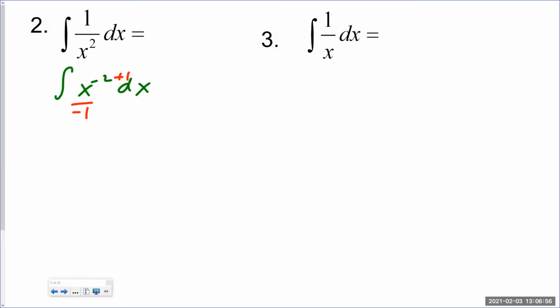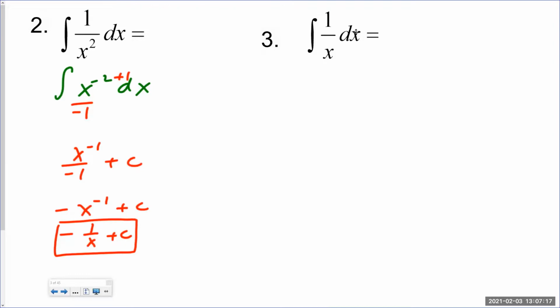So isn't that x to the -1 over -1 plus c? Isn't that my answer? And if I were to rewrite this, wouldn't this be negative x to the -1 plus c? And if I were to rewrite that, wouldn't that be -1 over x plus c? Is everybody with me so far? Okay, so that's how you do this problem. Let's go over here. Rewrite this one, guys.